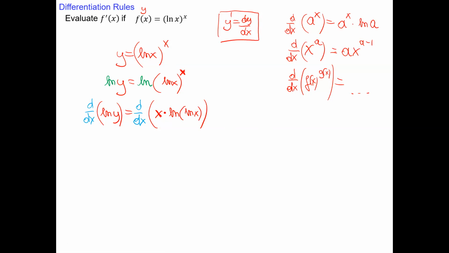Okay, let's differentiate. Derivative of natural log of y with respect to x is 1 over y times y prime, or dy dx, times derivative of the inner function. Now the right-hand side.